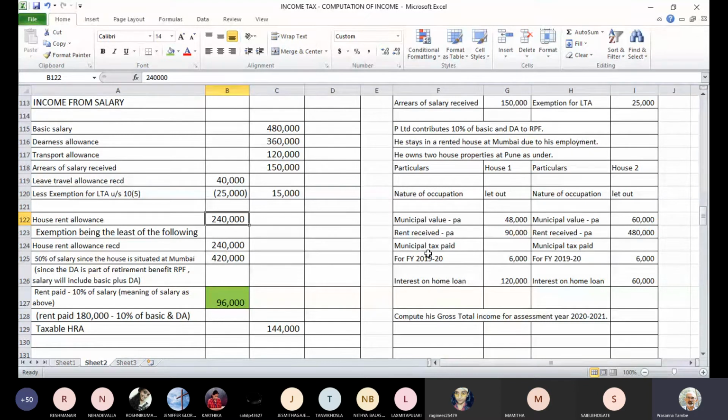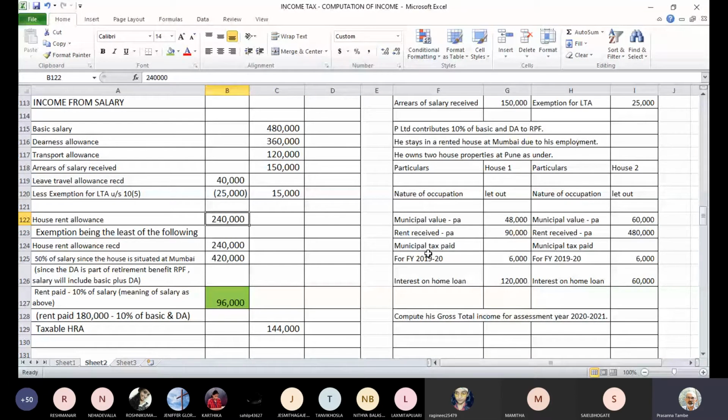So the meaning of salary over here is both basic as well as DA. When you compute 50% of salary, you will take basic salary plus dearness allowance. Both together come to 8,40,000. So 50% of this is 4,20,000. That is the second factor for comparison.